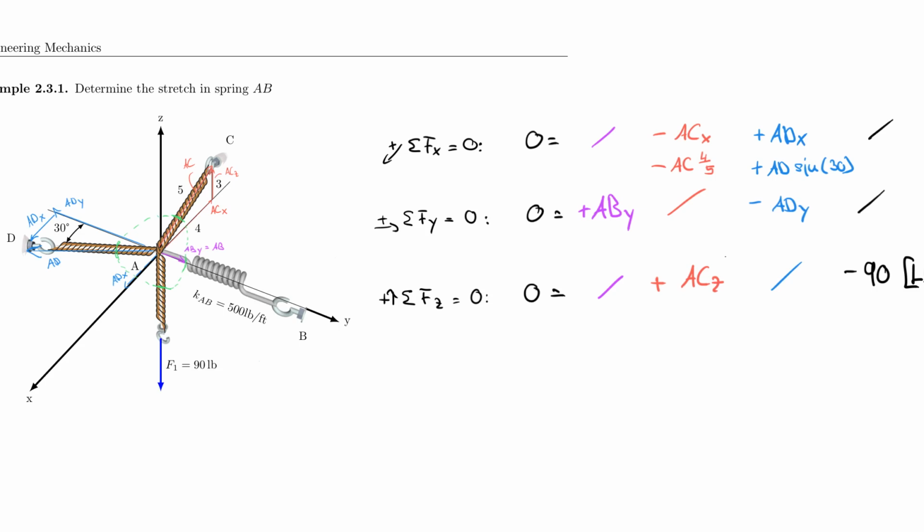And I'm done with that row. Now, for the y direction, y is just equal to AB. I don't need to worry about the red component, but the blue component minus AD cosine of 30. And then last but not least, the z direction, which only needs to convert ACZ, which is 3/5. And then minus 90.